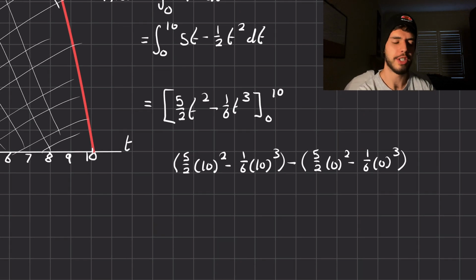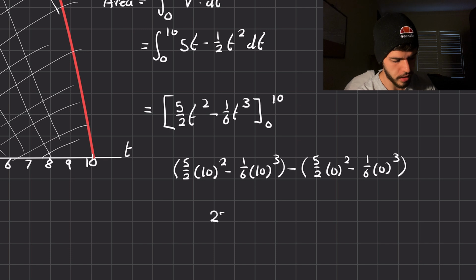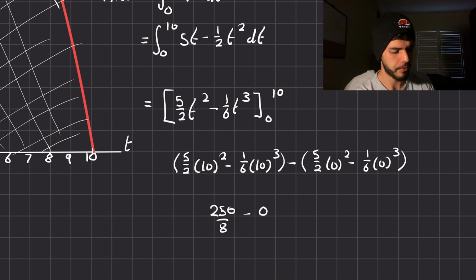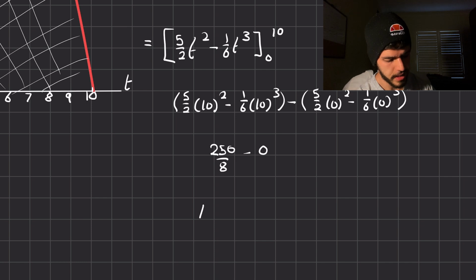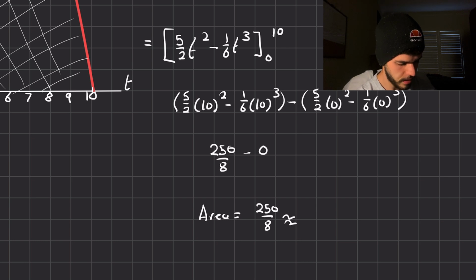So our first expression is just going to evaluate to 250 on 3. And our second expression is just two numbers multiplied by 0 and then subtracting them from one another, which is just 0. So 250 on 3, take 0. Okay, so forgetting about the 0, we're just going to be left with 250 on 3. So that means that our area is equal to 250 on 3, which is roughly 83.33.